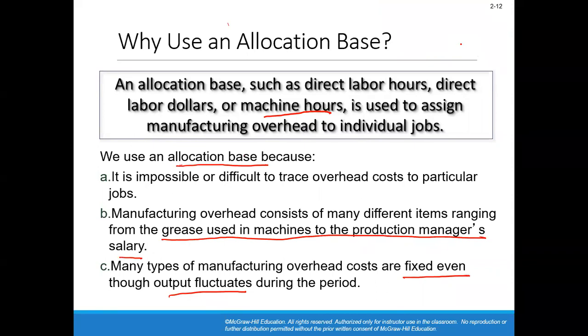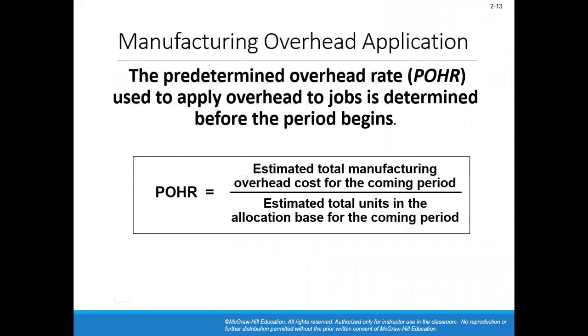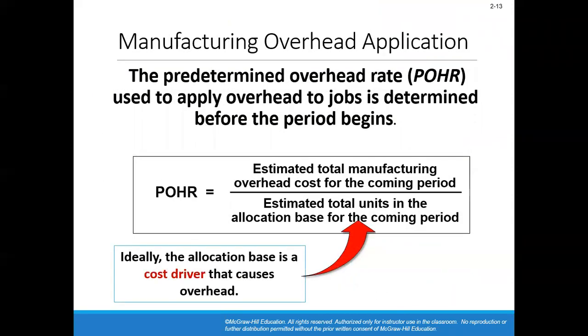I'll show you how we can apply it. Then I will explain what the challenges of doing this kind of application are and why we rely on this. Okay. So you already have got the idea of how we determine it; it is just writing in formula form how we will determine the predetermined overhead rate. So we will estimate the total manufacturing overhead cost.